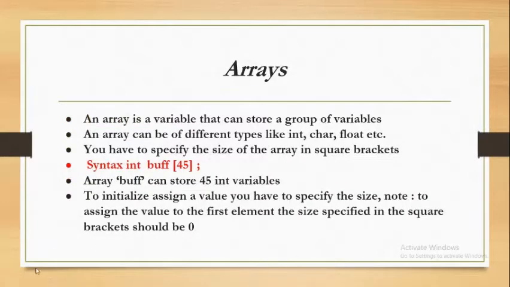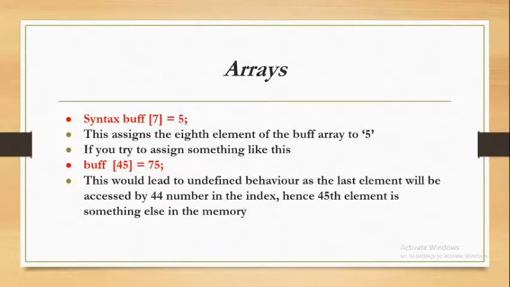So to assign a value to the first element of the array, the index should be 0. Here, in buff[7] = 5, you specified 7, but actually the 8th element of the array is getting initialized.